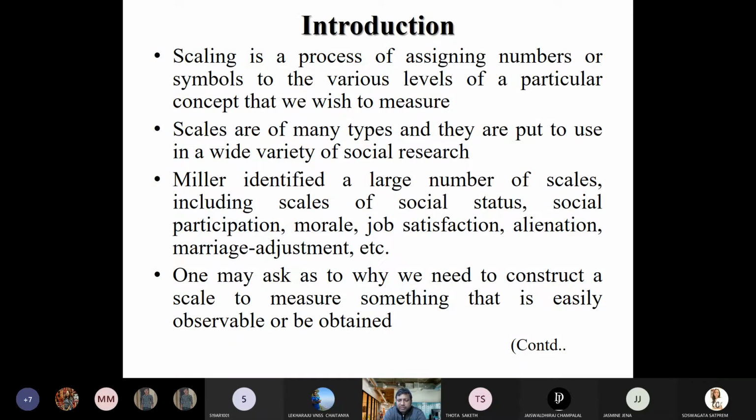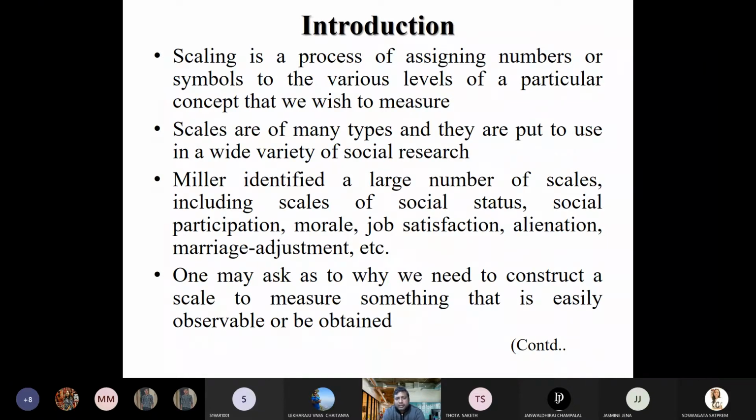See, scaling is a process of assigning numbers or symbols to the various levels of a particular concept that we wish to measure. Whenever we want to measure something that we cannot measure in an exact quantity, we develop certain scalings and assign those things under that scaling.